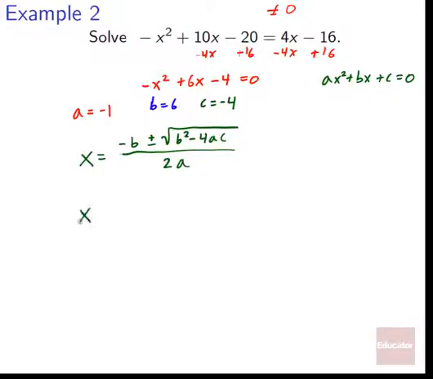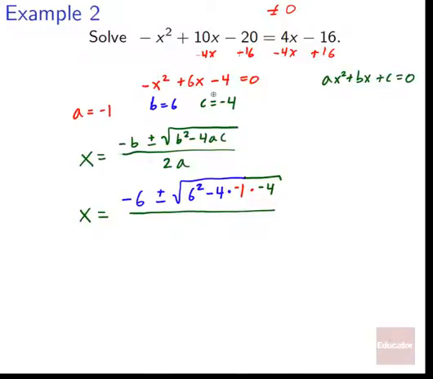We've got x equals, plug in our negative 6, plug in our b, plus or minus square root b squared, 6 squared, minus 4 times a, negative 1, times c, negative 4. Keep that going. Colors are getting a little bit funky here, but the basic idea is still the same.